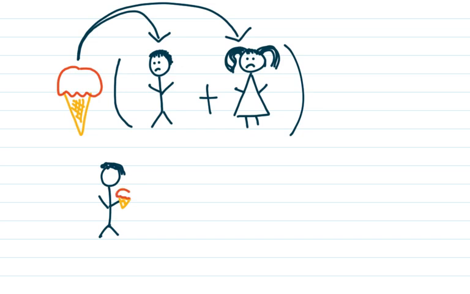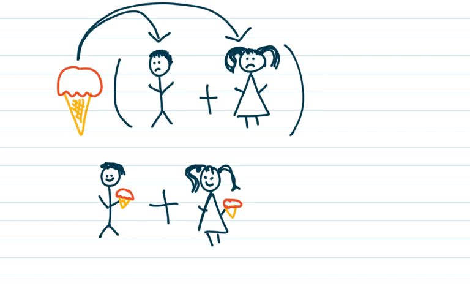Let me draw that real quick. There we go. He's happy now because he has ice cream. And it's going to give our girl here an ice cream cone as well. So the distributive property is almost like delivering a package.